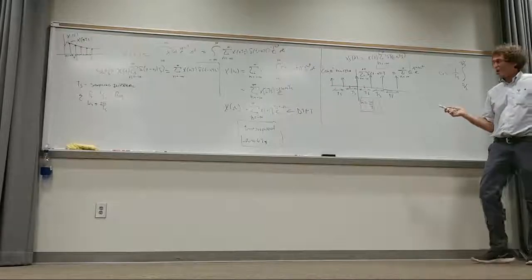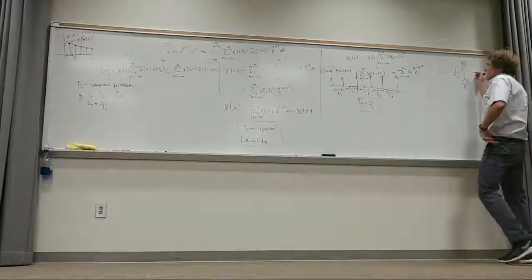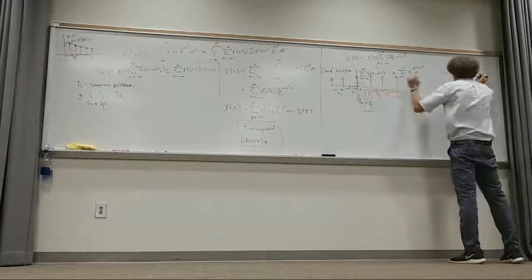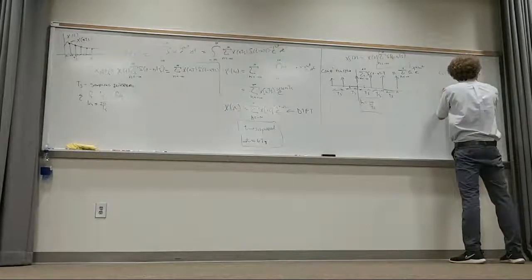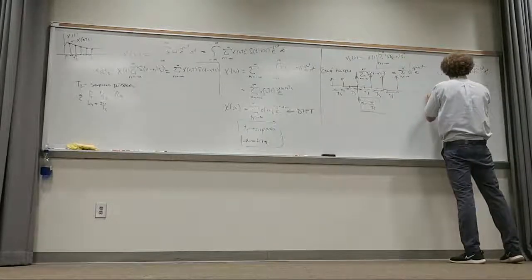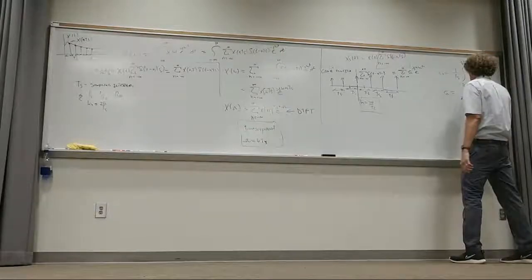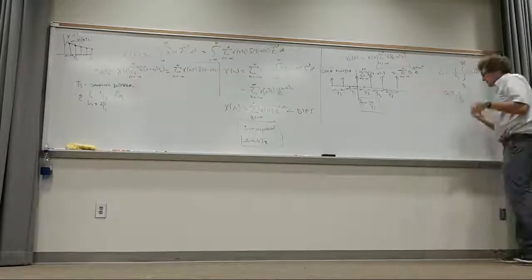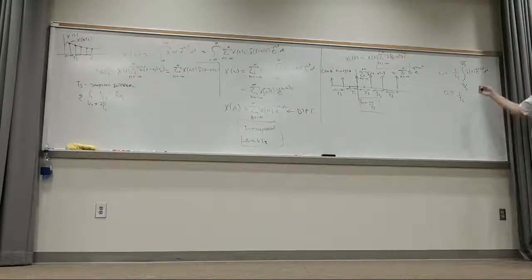Are you with me? Now, when we do this, that means I have only one function, right? I only have delta of t times e to the minus j omega naught t dt. And what's that value going to be? What is c of n? 1 over Ts times, when does the delta function turn on? t equals 0. And what is e to the 0? 1. So that's just 1 over Ts, isn't it, class?